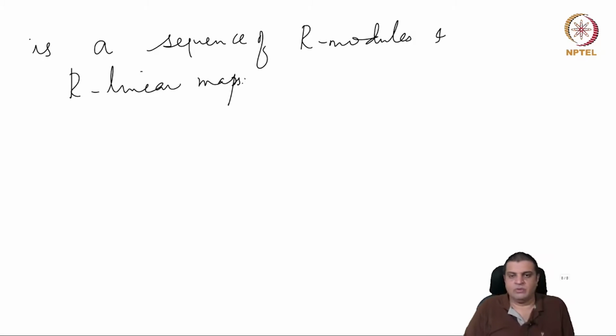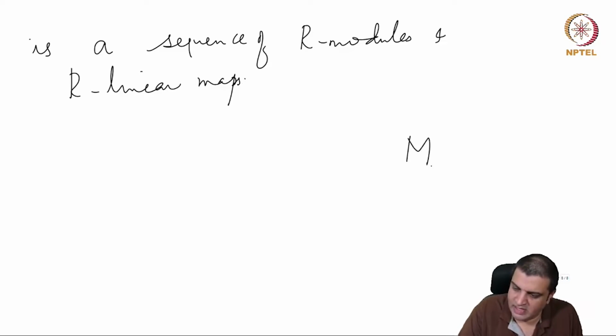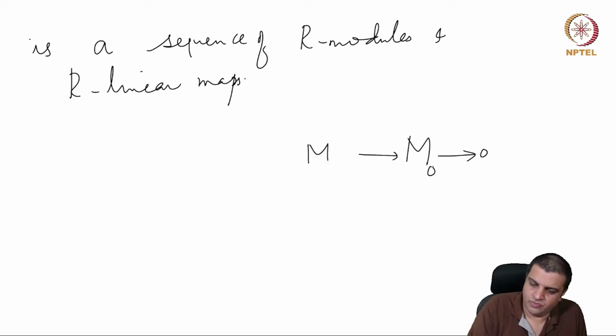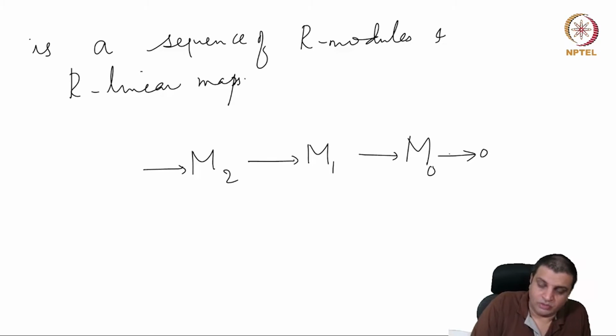Again, we will only consider special cases. So we will assume that the complex ends somewhere on the right, of this kind. These are R linear maps, and such that.